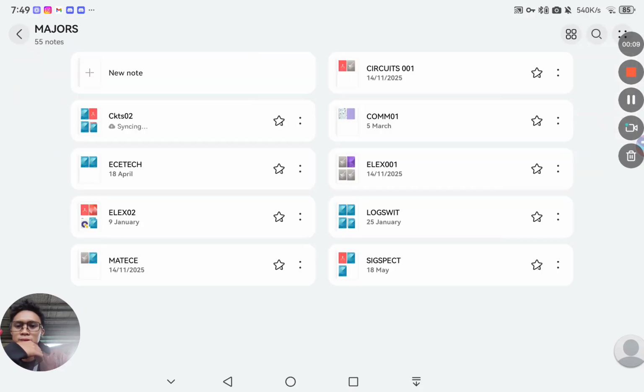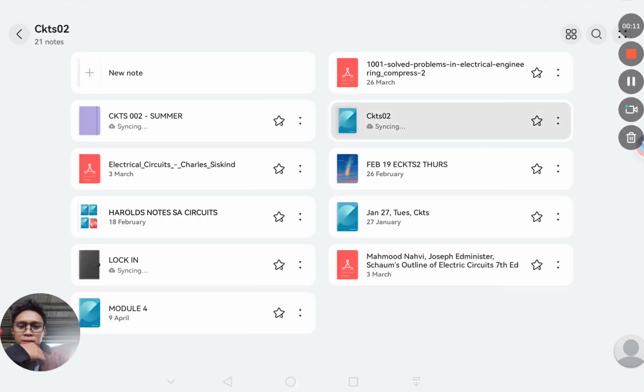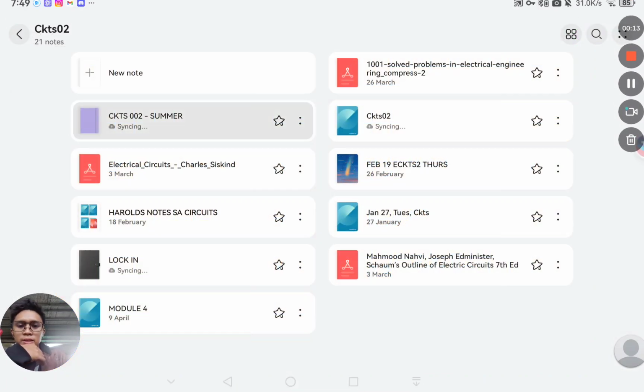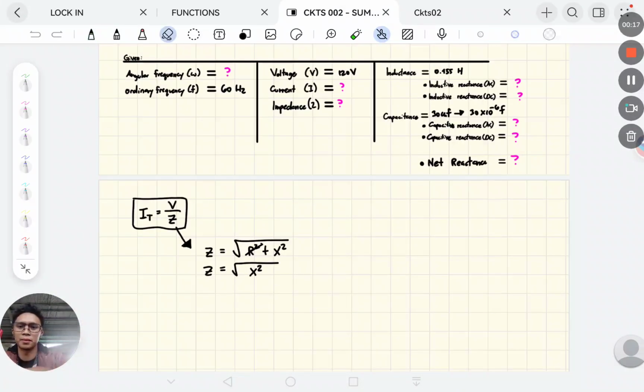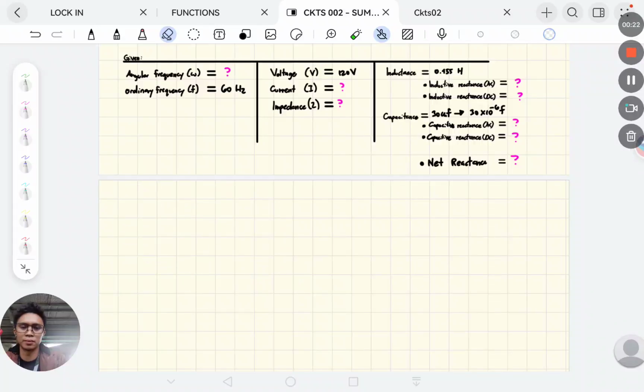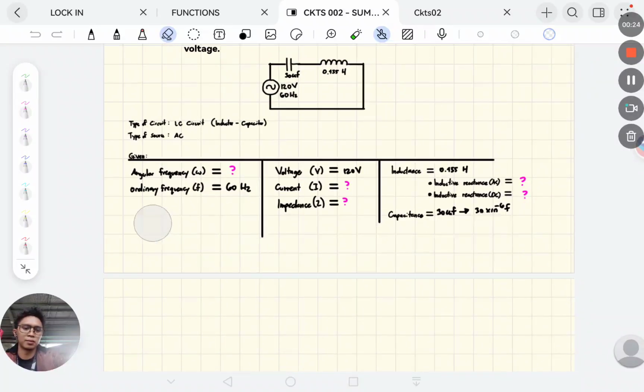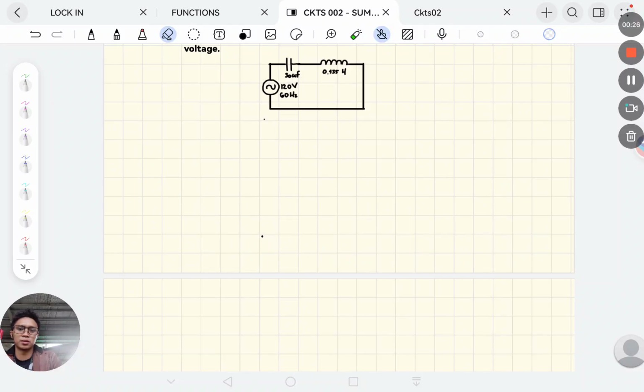Lagi hotel na. Magsasolve tayo ng LC circuit. LC circuit.